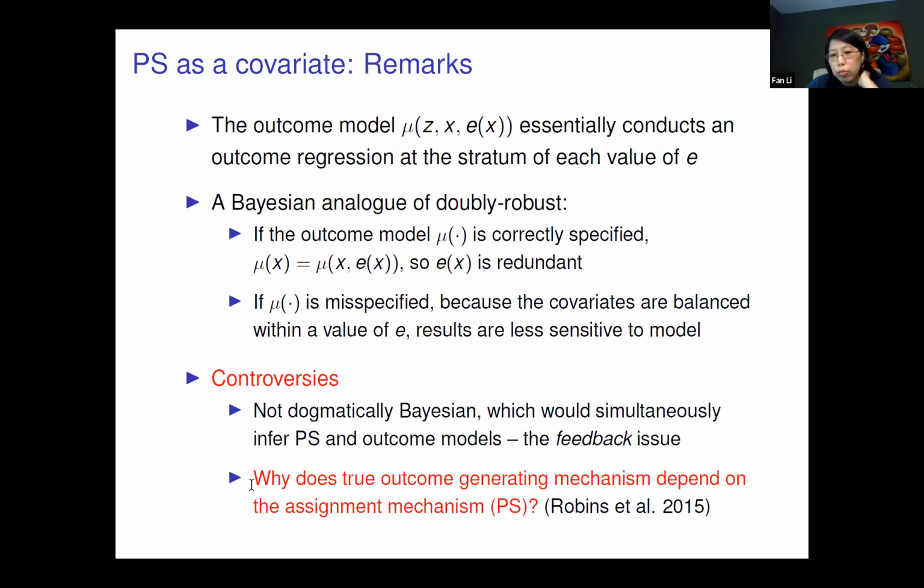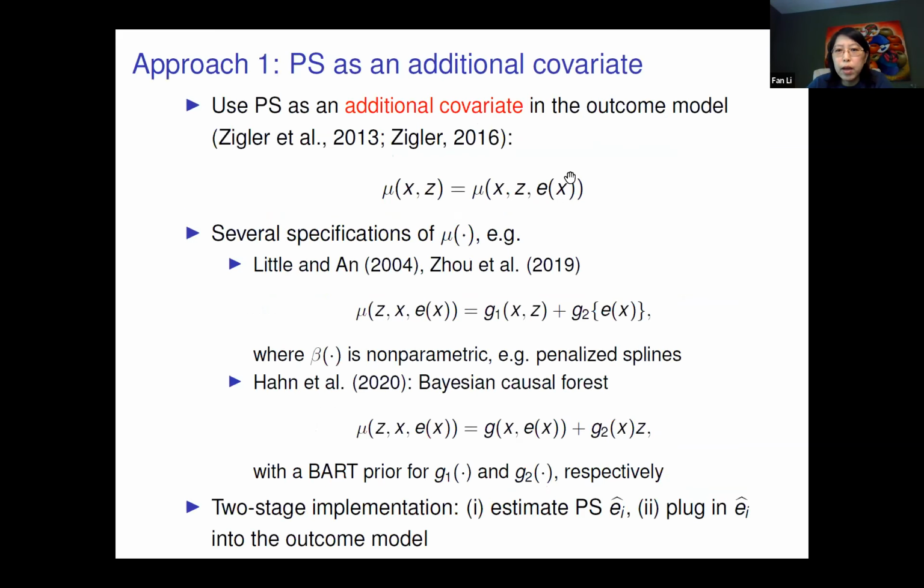But a bigger issue is raised by Robins. Several people say, if I look at my outcome model as the outcome generating mechanism, why should it have anything to do with how I assign the treatment? That's the conceptual issue. This is my outcome model, but how I assign which unit gets which treatment, why should that have anything to do with the true outcome generating process?